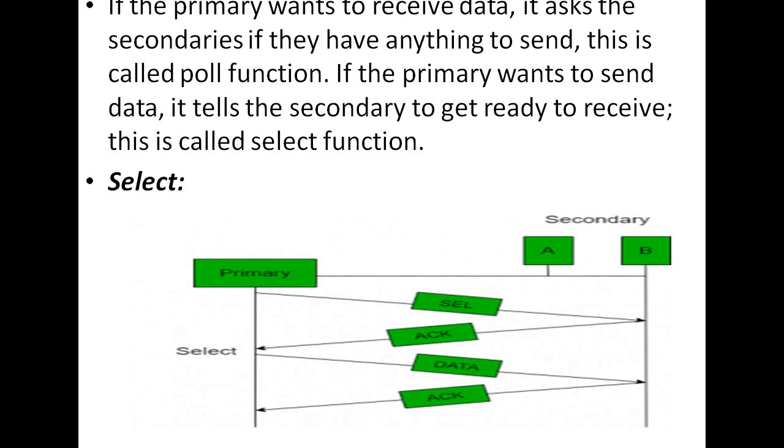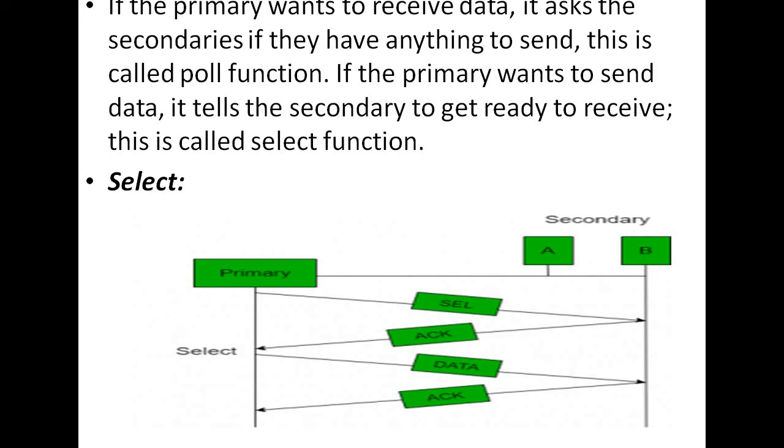Remember that the primary wants to send and controls the link. If the primary is neither sending nor receiving data, the link is available.